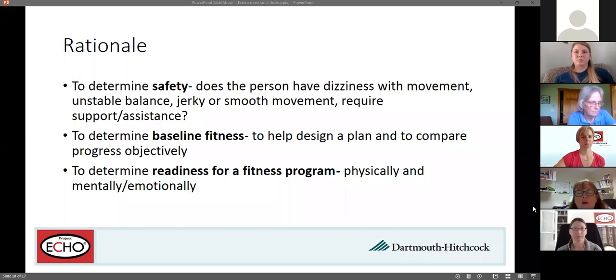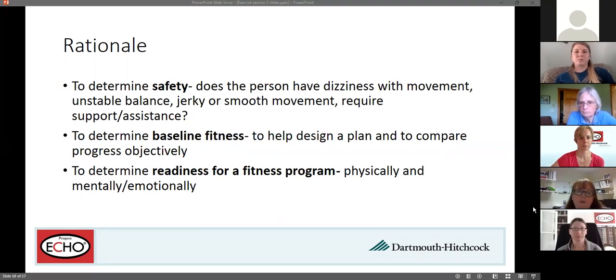And, you know, it will help to define their baseline fitness. So if they're saying that they want to run a marathon and you're seeing that they're very unsteady, you're going to have to address that first. So it's just kind of a way of formalizing what we're doing anyway. It will help to determine their baseline fitness level so that you can design a plan and compare progress.